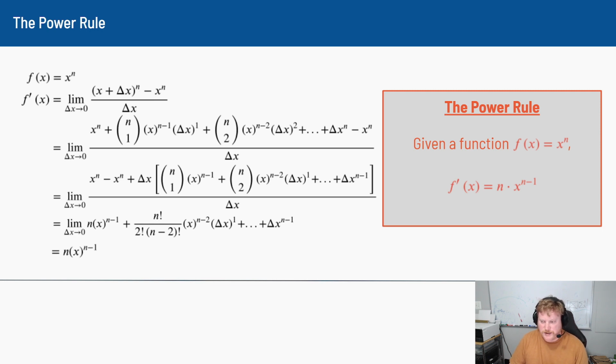A lot of times the way students think about the power rule is you take the power, move it to the front and multiply, and then decrease the power by 1. This explanation here is for those who are super interested in where this rule comes from. It's not a necessary understanding, but it is kind of a fun proof to do.